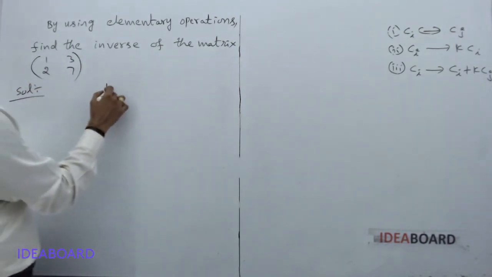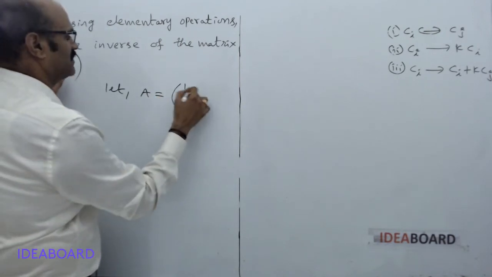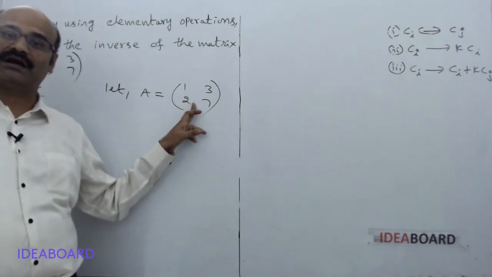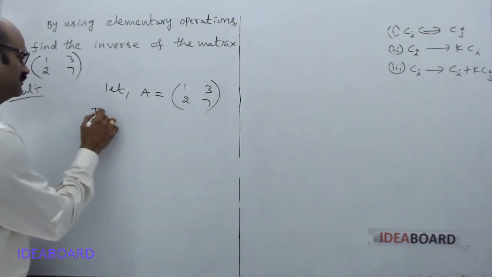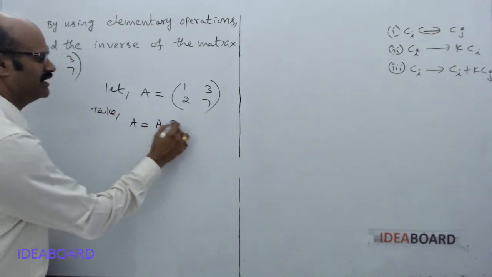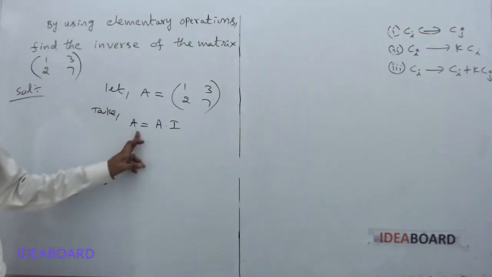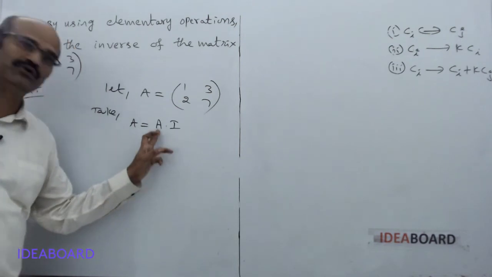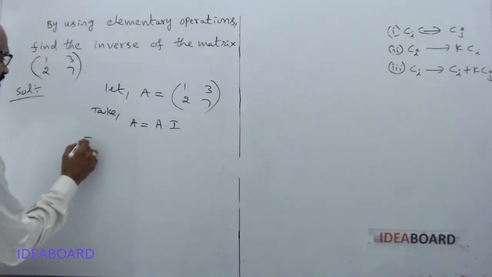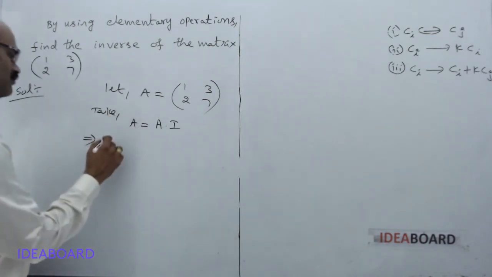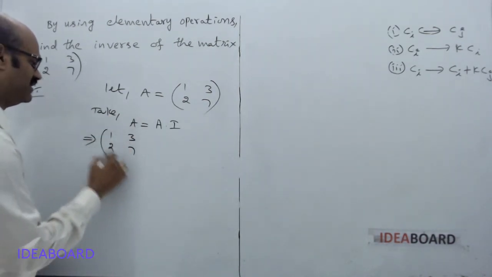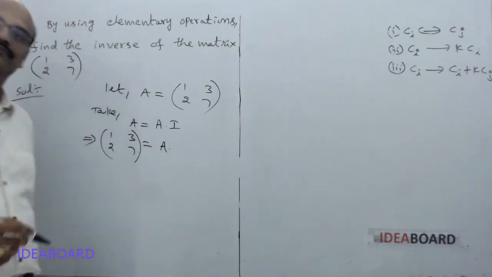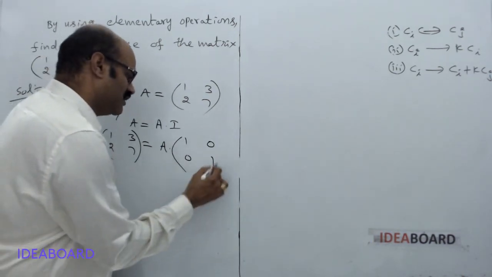Now, solution. Let A equal to 1, 3, 2, 7. If you want to apply column operations, we should take A equal to A into I. If you want to take row operations, we have to take A equal to I into A. Now, it implies A equal to, here we have 1, 3, 2, 7 equal to A into 1, 0, 0, 1.